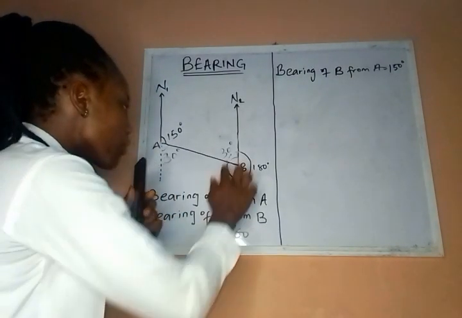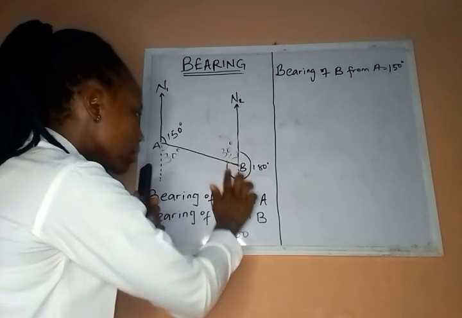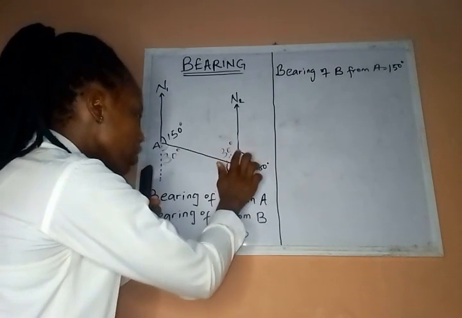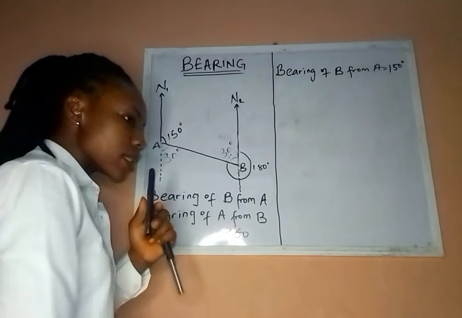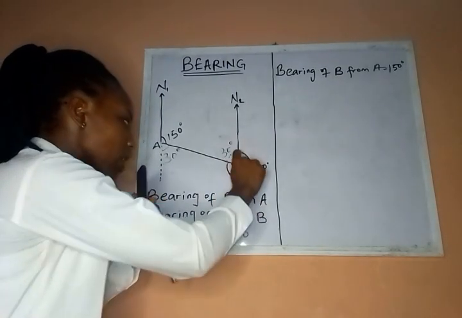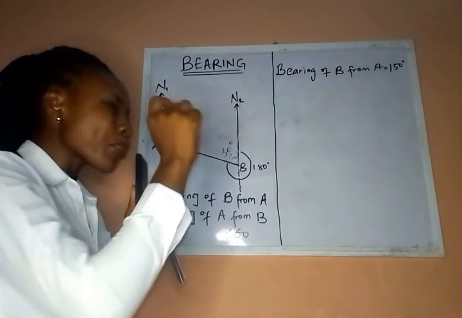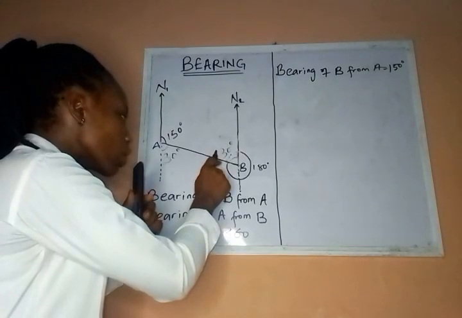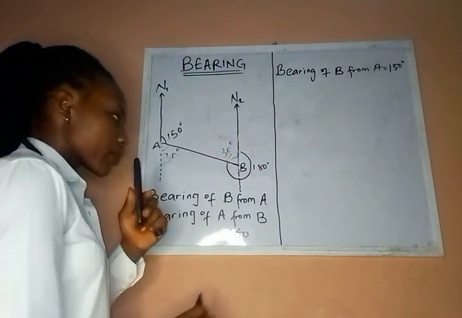So the total sum of angle here from here to here is 360. So for us to find the angle from here to here is to minus this angle from the total sum of angle here.